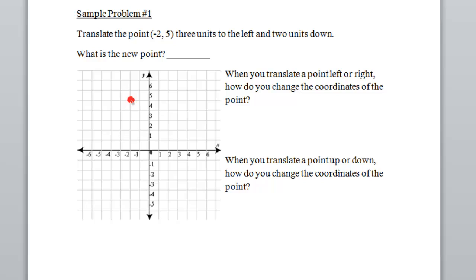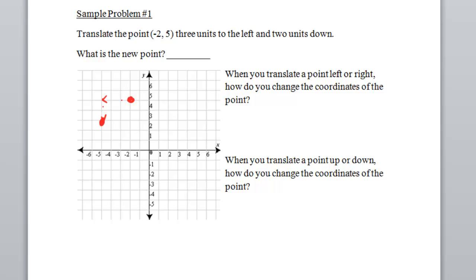Now, we're translating. So if you look at the term for translating, that's a shifting or a sliding of a point. And so we're going to slide it 3 units to the left, which is going to take us 1, 2, 3. So that's 3 units left, but then we're also going to go down 2 units.